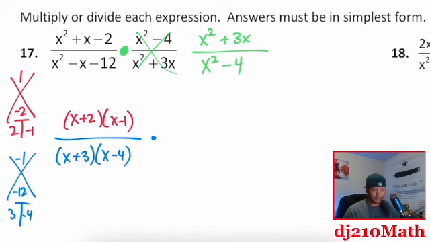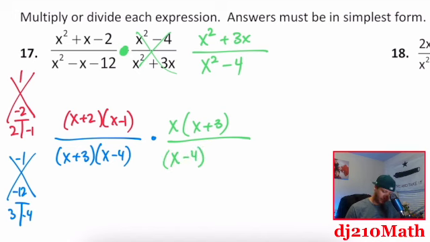So x squared plus 3x. There's an x that's common to both, so you factor out an x. This is x plus 3. On the bottom, x squared minus 4. This is a difference of squares, x squared minus a perfect square. This is x minus 2, because the square root of 4 is 2, and x plus 2.